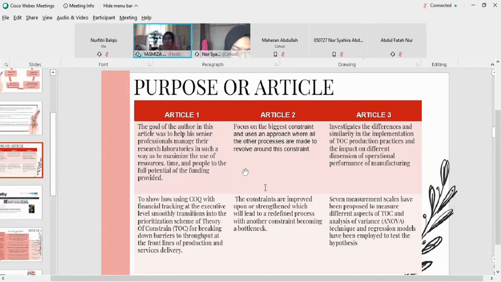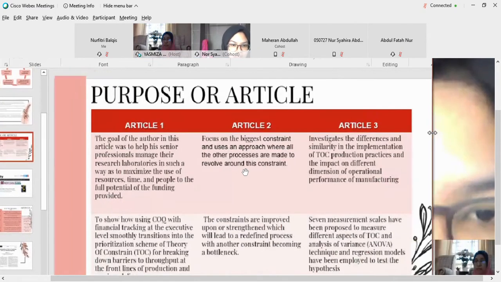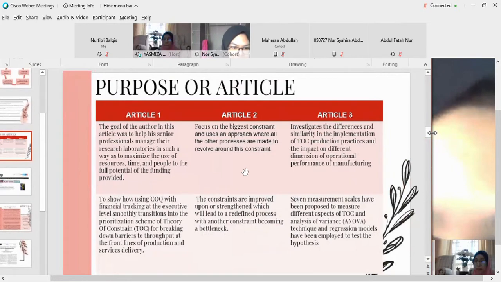Purpose of article. For the first article, the goal of the author in this article was to help senior professionals manage their research laboratories in such a way as to maximize the use of resources, time and people to the full potential of the funding provided.